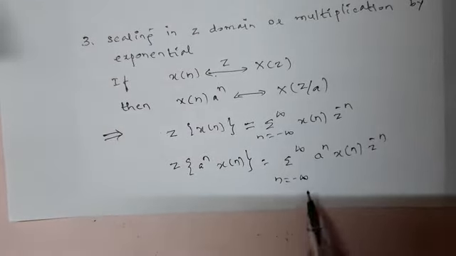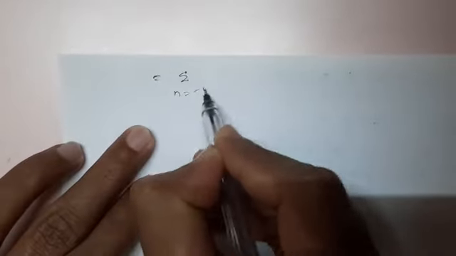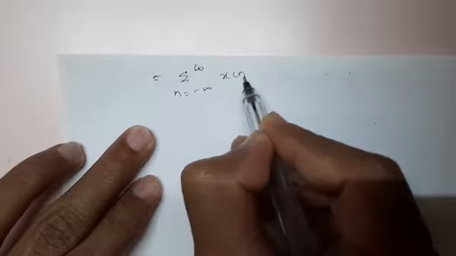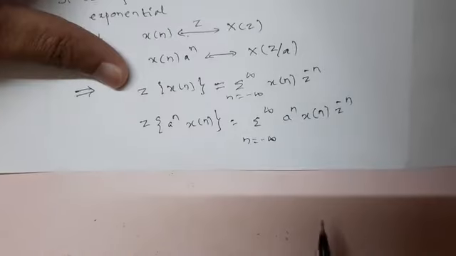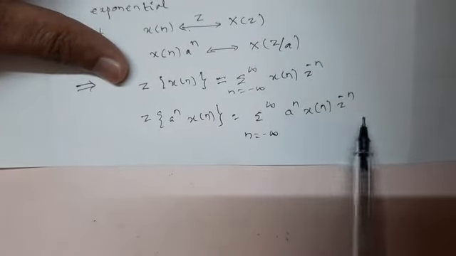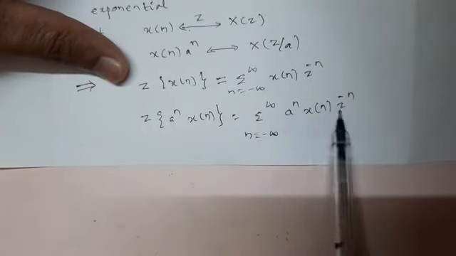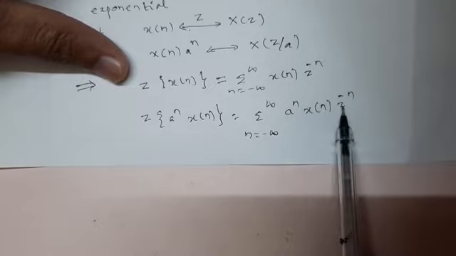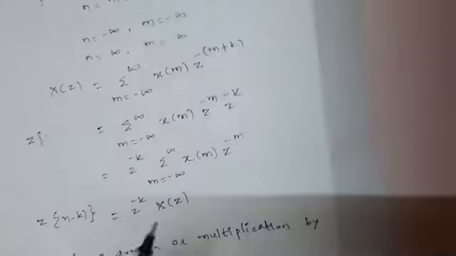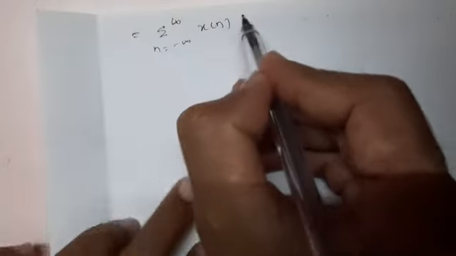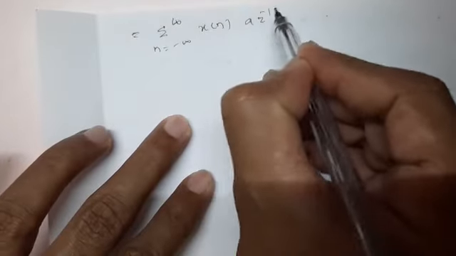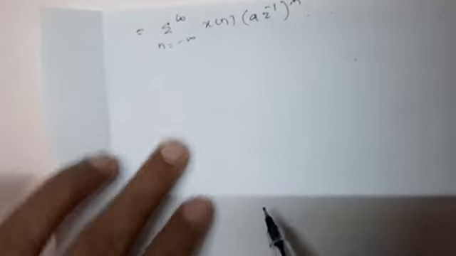That equals summation of x of n times a to the power n z to the power minus n. Can I take it as a z inverse to the power n?